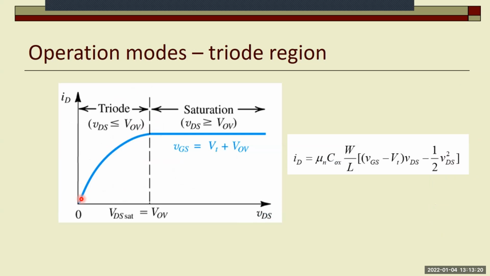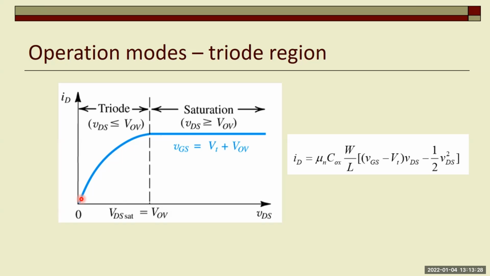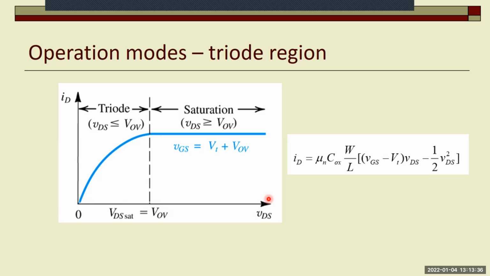And that's when VDS is less than the overvoltage, or VDS is less than the saturation voltage. And the drain current is a function of VDS.